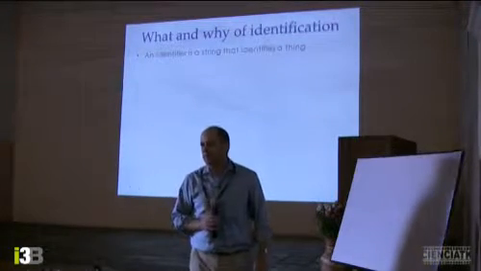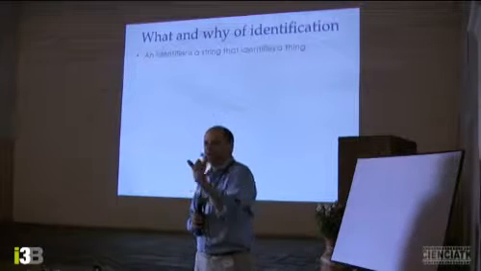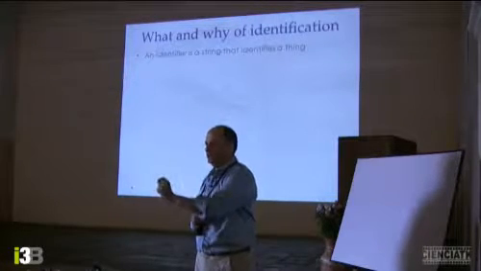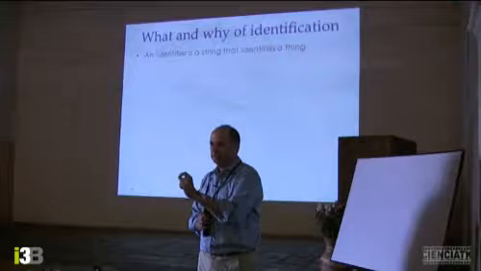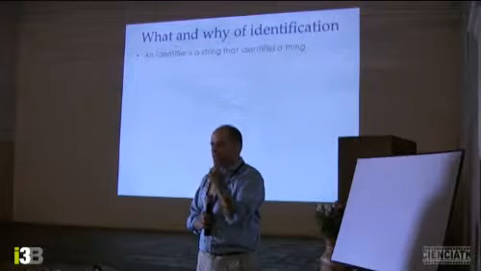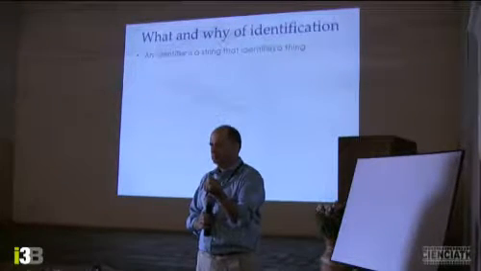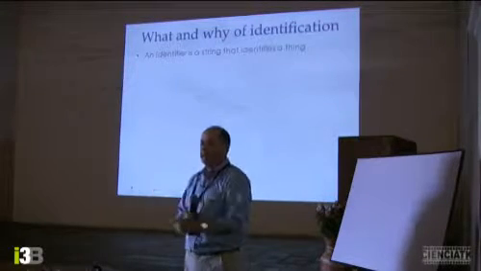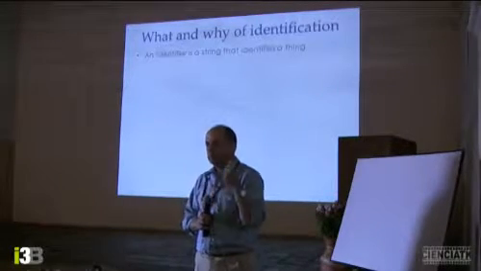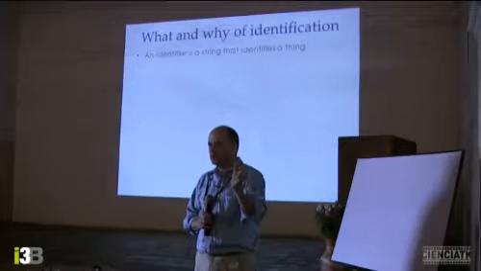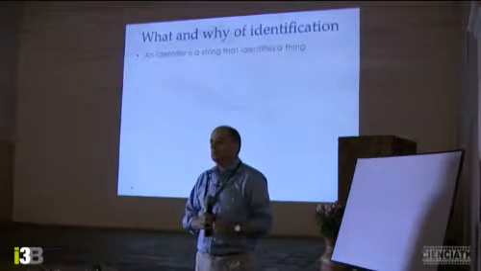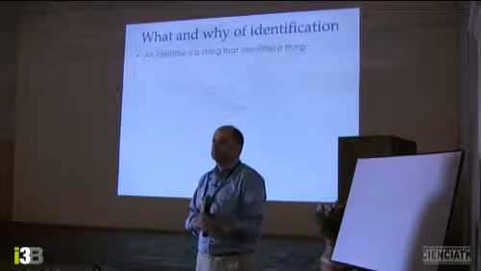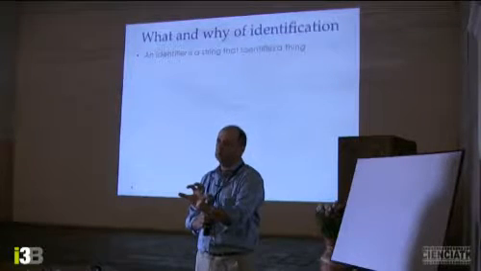So this seems simple. An identifier is a string. It's a bunch of characters linked together. You change any of the characters, it's a different identifier. Okay, you put a pound sign on the end or add a dot, it changes. It's a different thing. So it really is just a specific string, a bunch of letters together.